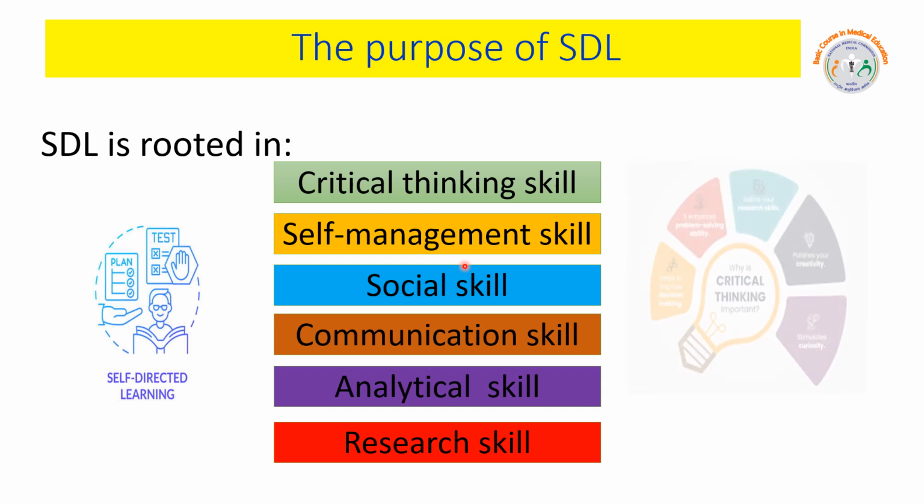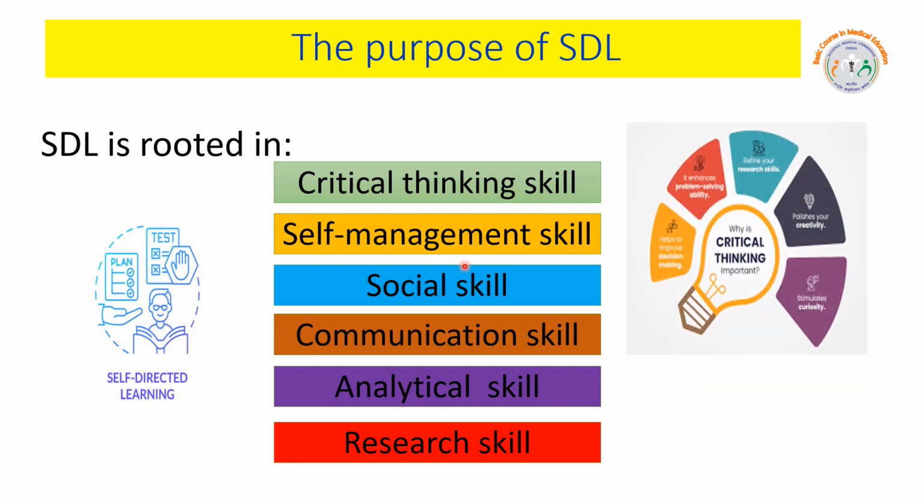What do we mean by critical thinking? It is the ability to question or test what was previously held as assumptions, what is previously known, which we take as convention.